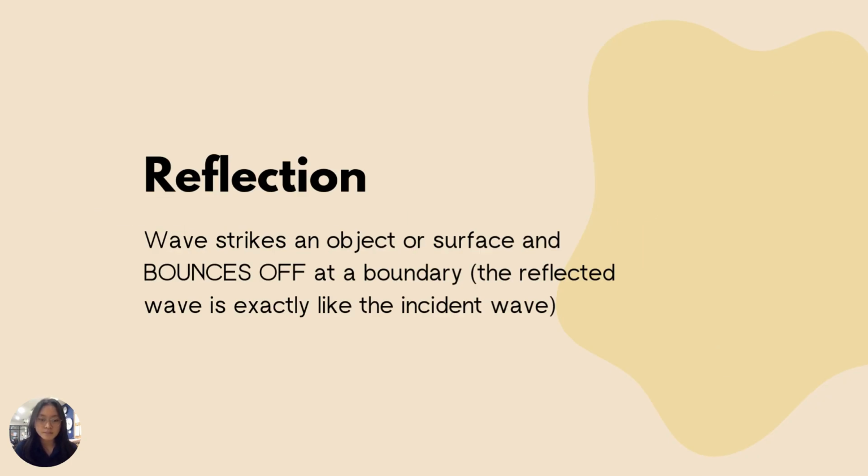The first one that I picked is reflection, which is when a wave strikes an object or surface and bounces off at a boundary. The reflected wave is exactly like the incident wave in terms of amplitude, or the height of the wave itself.